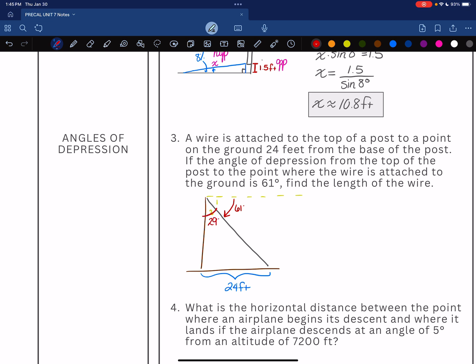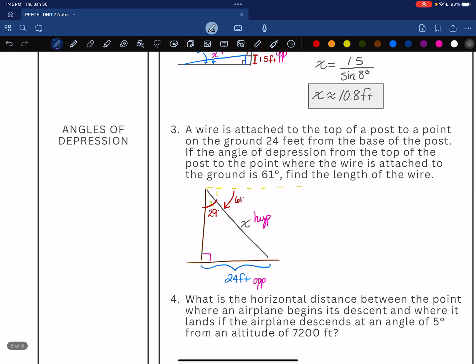And we are trying to find the length of our wire. We'll call that, oops, sorry, I deleted some of my wire. We'll call that X. So now let's label our sides like we are in the habit of doing. Labeling the sides, 24 is the side that is opposite, and X is the hypotenuse. So which trig ratio relates those two?